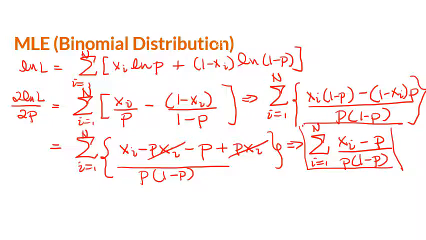Okay, so we try maximizing this. So take note, we equate this to 0. So summation of i from 1 to n. Pwede nating ilabas yung 1 over p times 1 minus p, x sub i minus p is equal to 0. So this would be cancelled out.